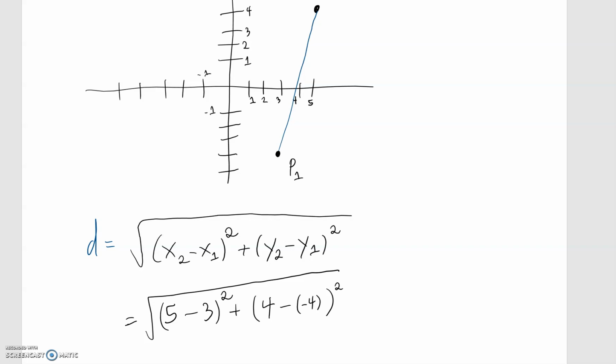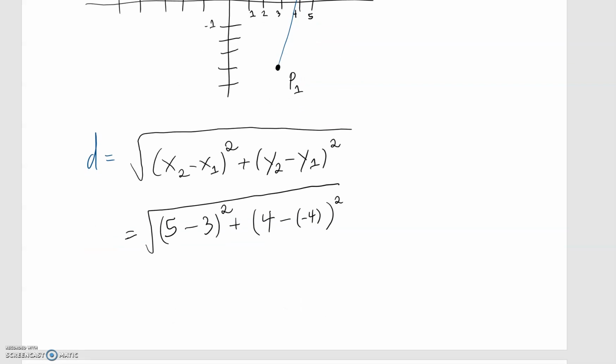Now bear in mind, P1 and P2 were given to me here in that order. If they just provide you with 2 points, it doesn't matter which one you call point 1 and which one you call point 2. The result when you use this formula will still be the same. And I will illustrate this tomorrow in our lecture.